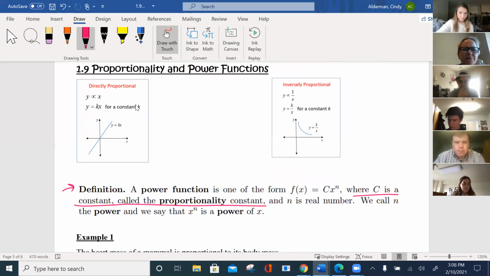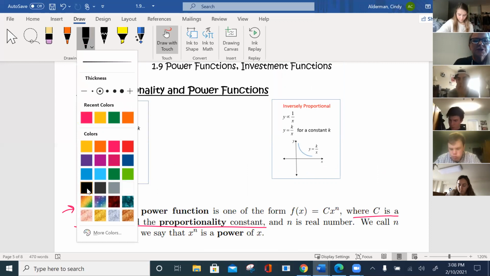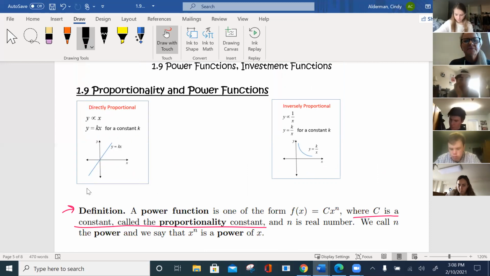So I went and dug up these pictures from the internet. When you learned about something being directly proportional and inversely proportional back in like algebra 2 or maybe college algebra, you learned it with like y is equal to kx. Well, since we're in this applied calculus, I wanted to just show you how you might remember this. Once we move to applied calculus, we're going to use f of x is equal to c x to the n, where c is your constant of proportionality, right?